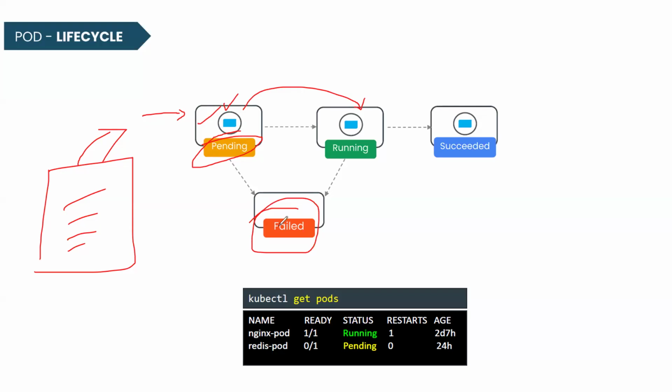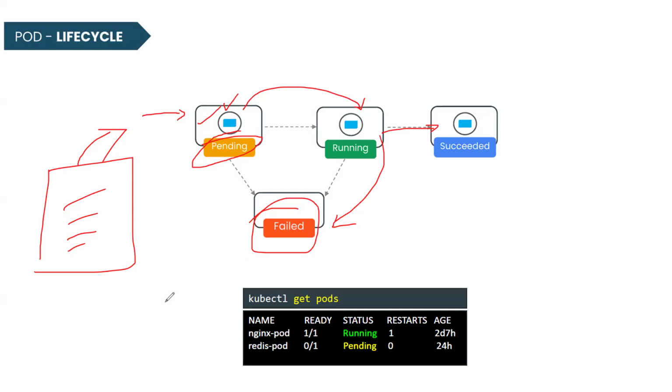Now, from the running state, let's say my pod is up and running, successfully deployed. Due to some reason, it might go to failed state. There might be some resource unavailability, or some system issues. Whatever the reason, from running state also the pod can go to failed state. Or if everything is working as expected, it will go to succeeded state.